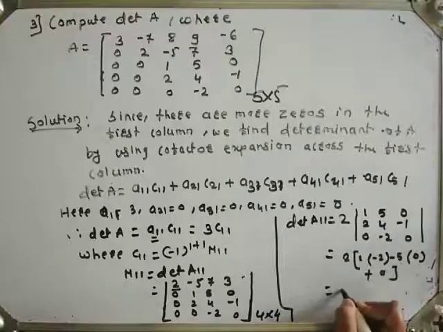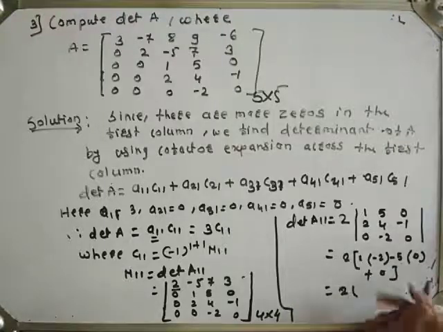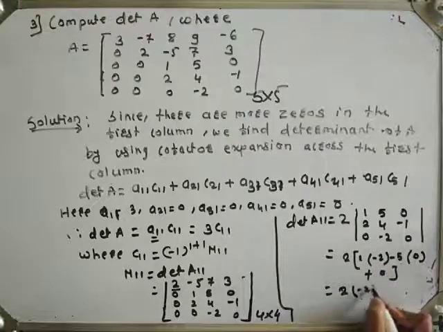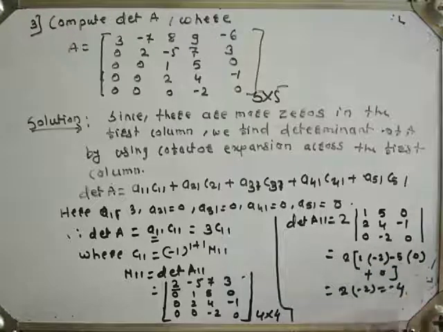This is equal to 2 into -2, which is equal to -4. Therefore the determinant of A11 is equal to -4.